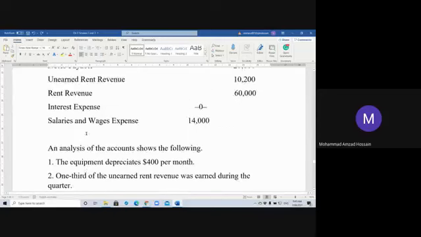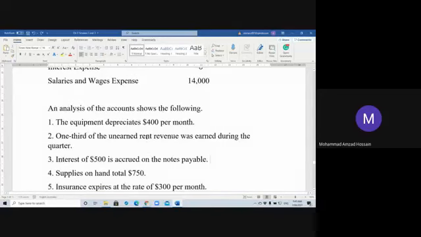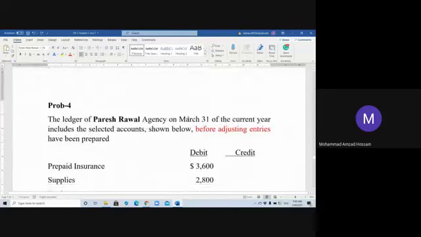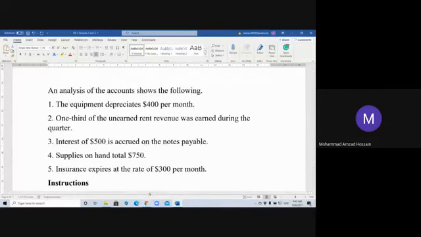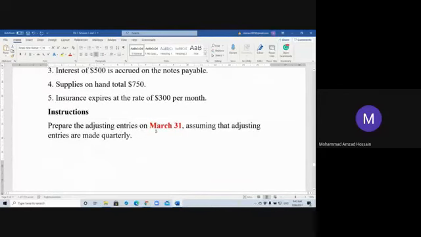Now, the accounting period is March 31. Now prepare the adjusting entries on March 31.